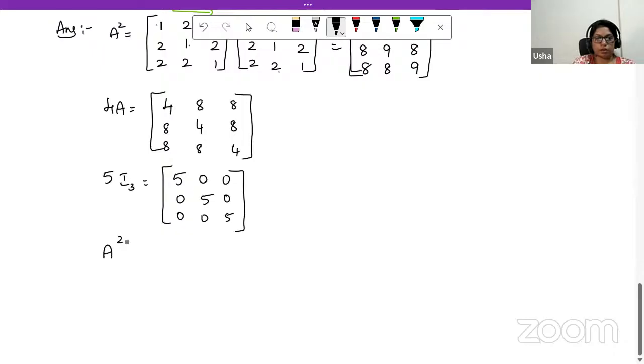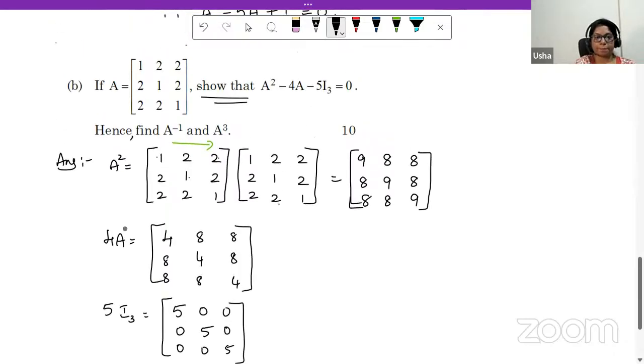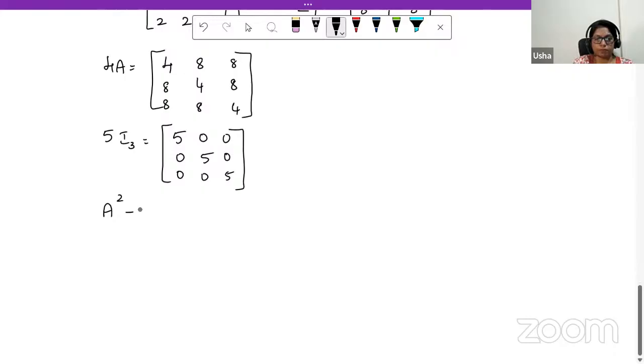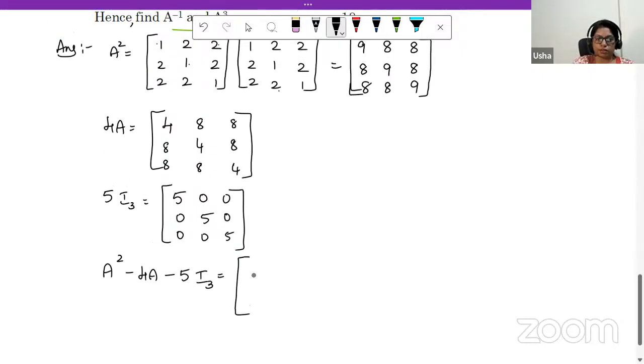A square minus 4A minus 5I3. So write A square. It is 9, 8, 8, 8, 9, 8, 8, 8, 9.